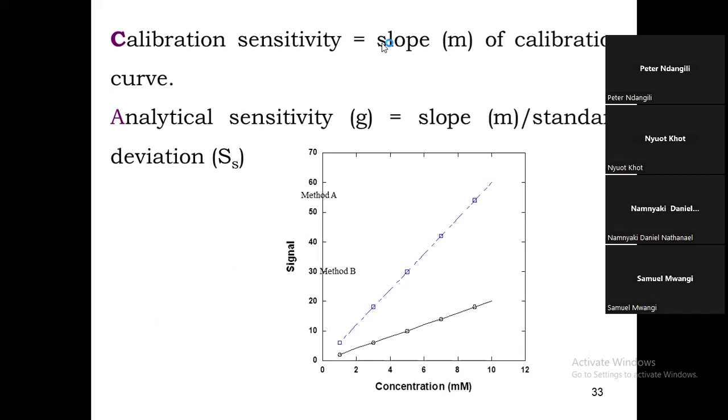This is a graph that I am using to describe two things. Calibration sensitivity is just the slope of your calibration curve. We also talk about the analytical sensitivity, which is the slope of your calibration curve divided by the standard deviation.